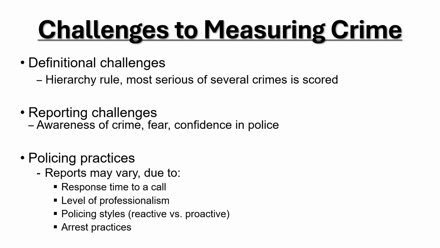The victim has to know that they have been a victim of a crime. Citizens must define the crime as worthy of police involvement. So in order for a crime to be reported, what has to happen?